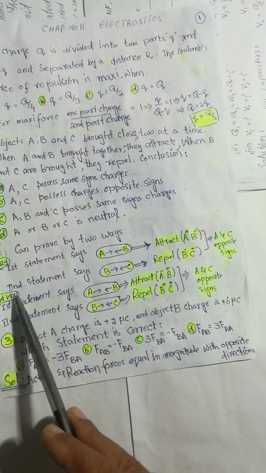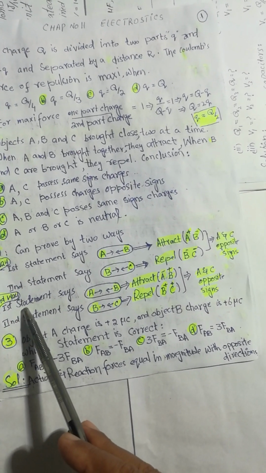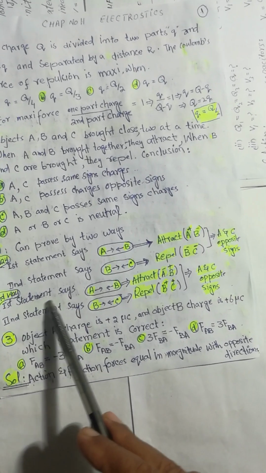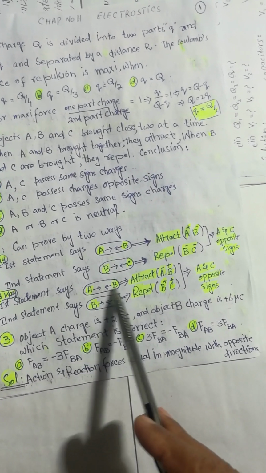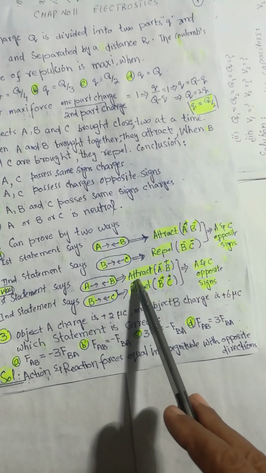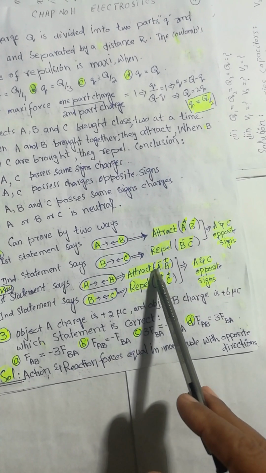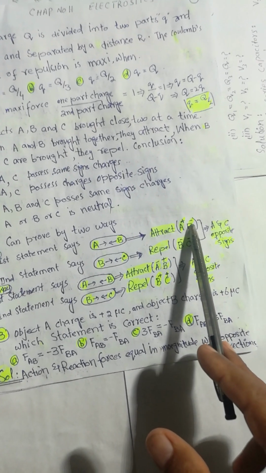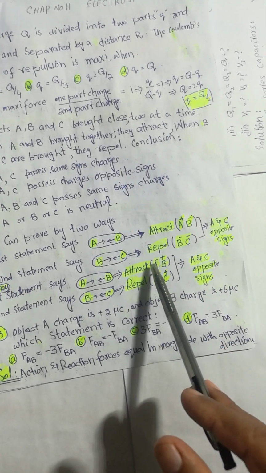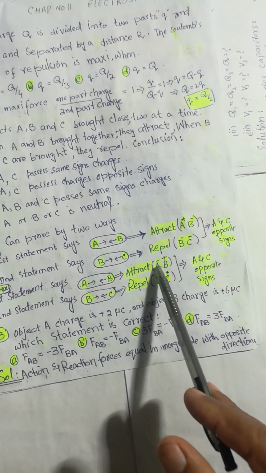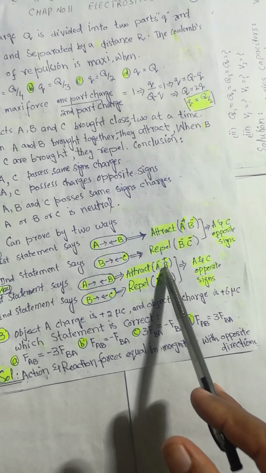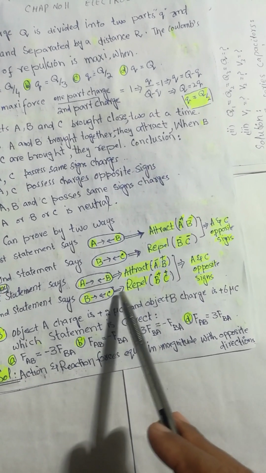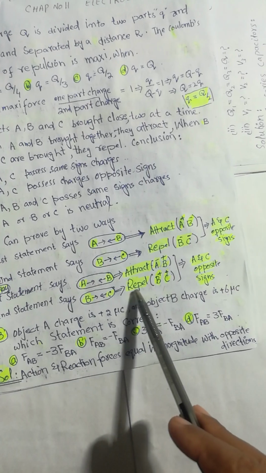In the second way we can also show that option B is correct. The first statement says that A and B are brought together, they attract. It means that opposite signs are here. Here we have taken positive charge for A and negative for B, but here we have taken negative for A and positive for B. In the second statement they say that B and C are brought together and they repel.